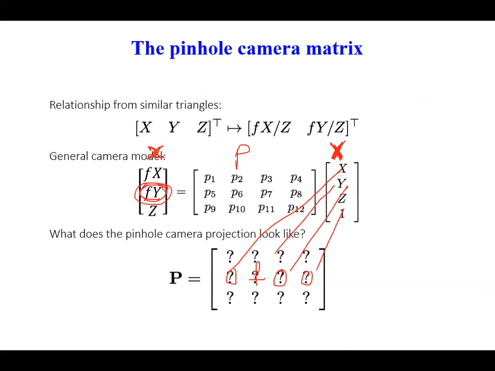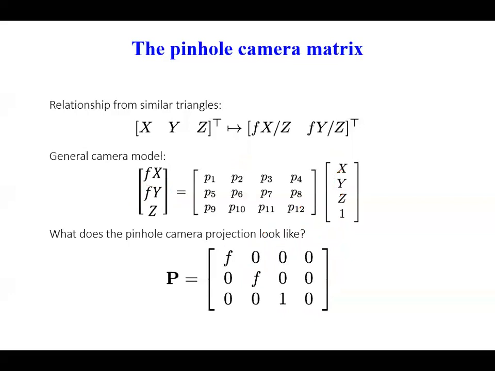Correct? How about the third one? How to get the z? 0, 0, 1, 0 will get me this. So now I know exactly what P is.